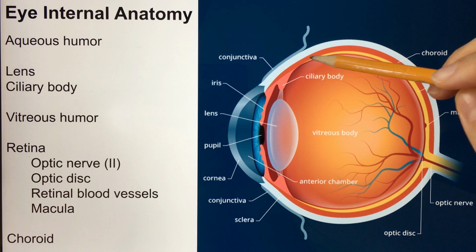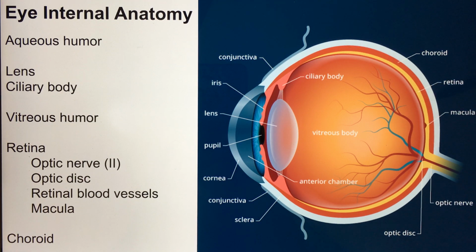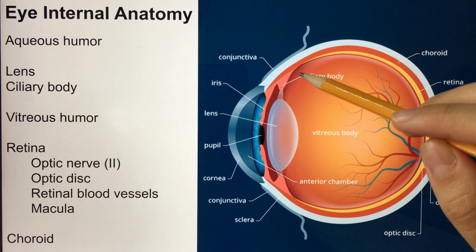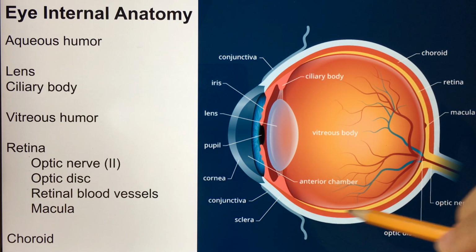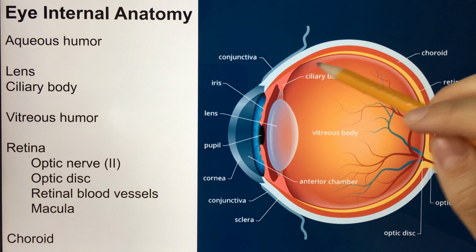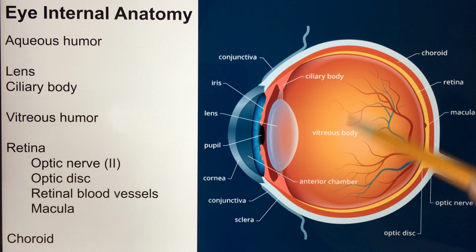Basically, it doesn't have any kind of glue that holds it to the back of the eyeball. It is pressed against the eyeball by the vitreous body. So if the vitreous body is disrupted, that could actually disengage the retina from the back of the eyeball, so it can actually fall off. So the vitreous humor is this gelatinous liquid inside of the eyeball.